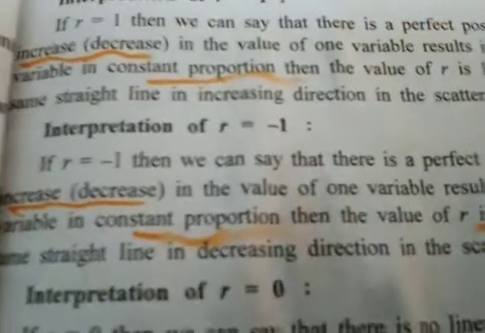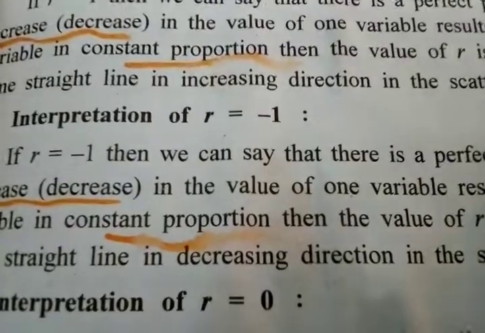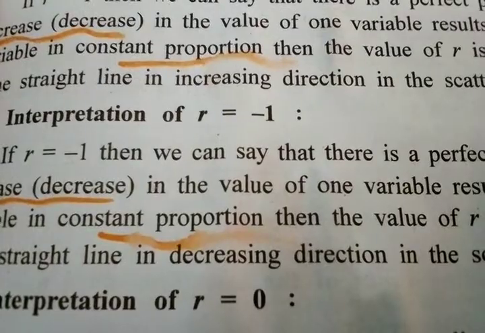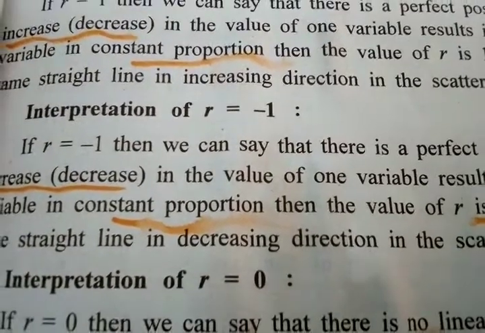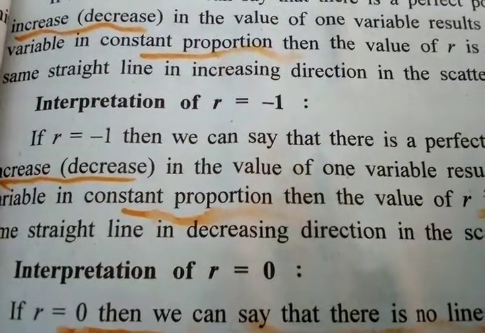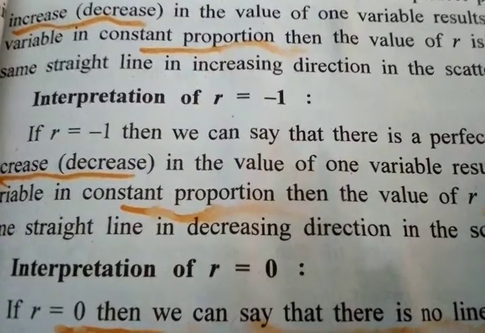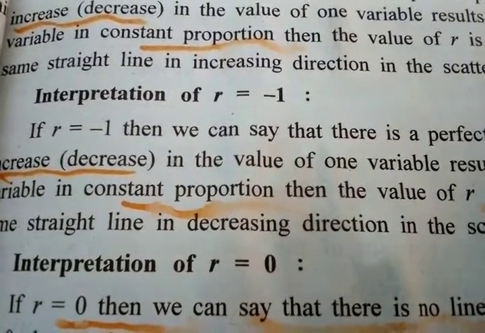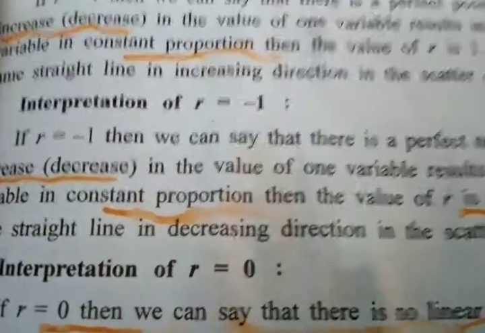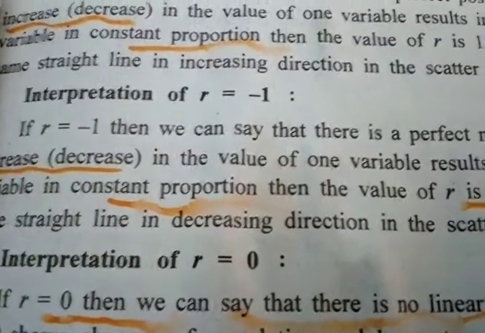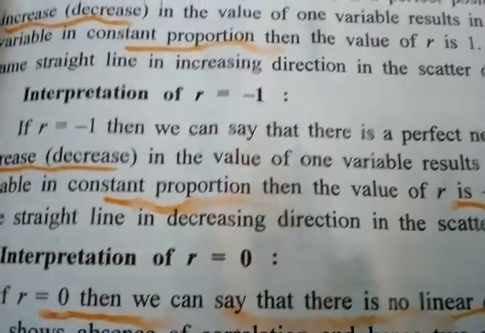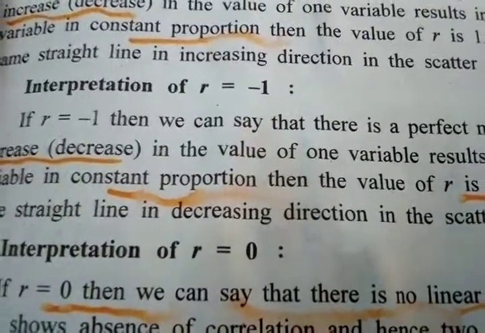Whereas in case r is minus 1, we can say that due to a change in one of the variables, the other variable changes in the opposite direction in a constant proportion.